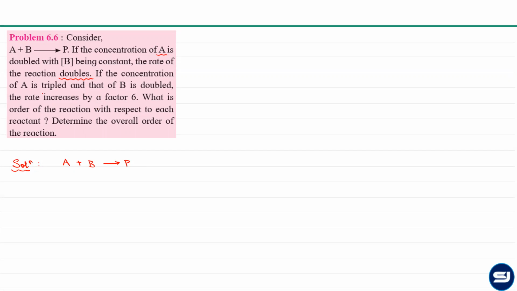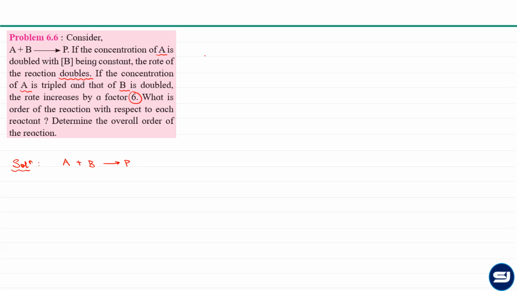If you see it individually, when A is tripled, what will happen to the reaction? It'll become 3 times more because it's first order. तो जब A को ट्रिपल किया तो रिएक्शन रेट भी ट्रिपल होगा. अब उसके साथ B को डबल किया. A को ट्रिपल किया है और B को डबल किया है.